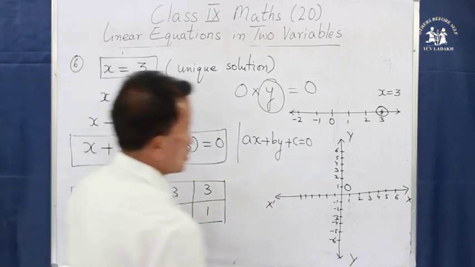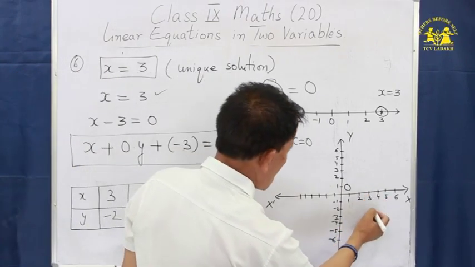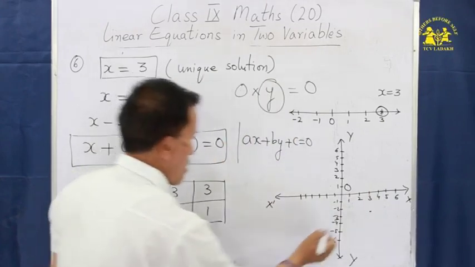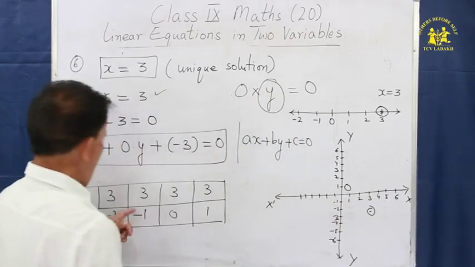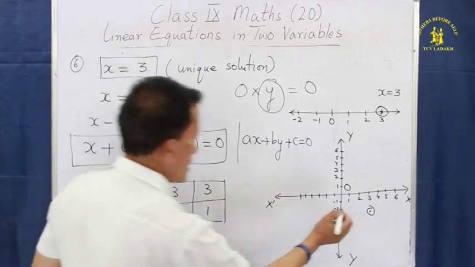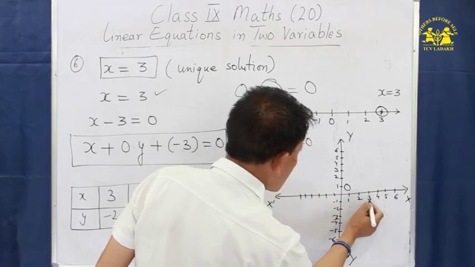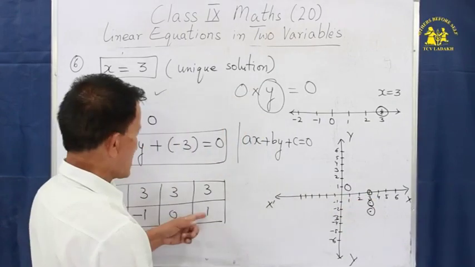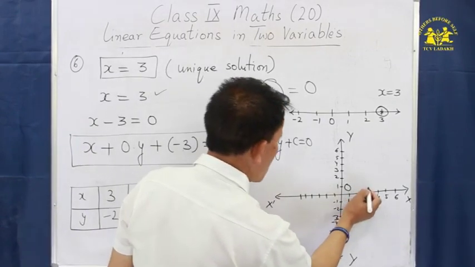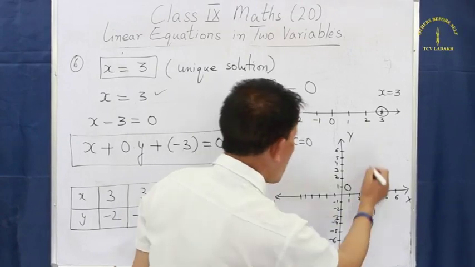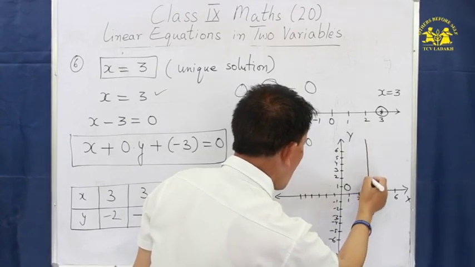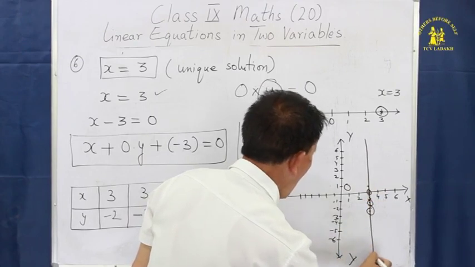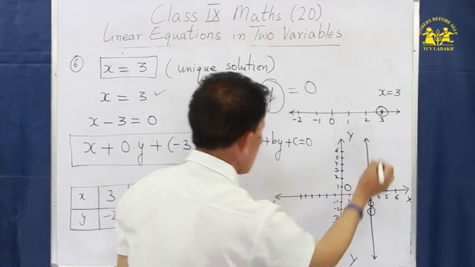X is equal to 3, y is equal to minus 2 here. X is still 3, y is minus 1. X is 3, y is 0. X is 3, y is 1. So if we join them, you get a line.